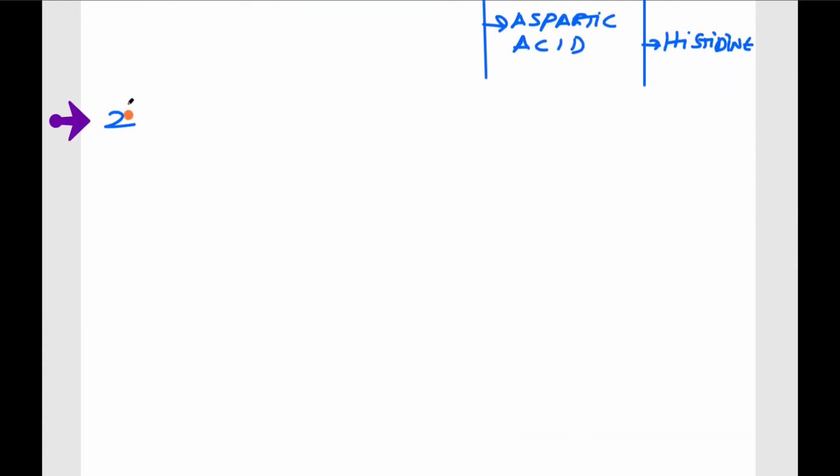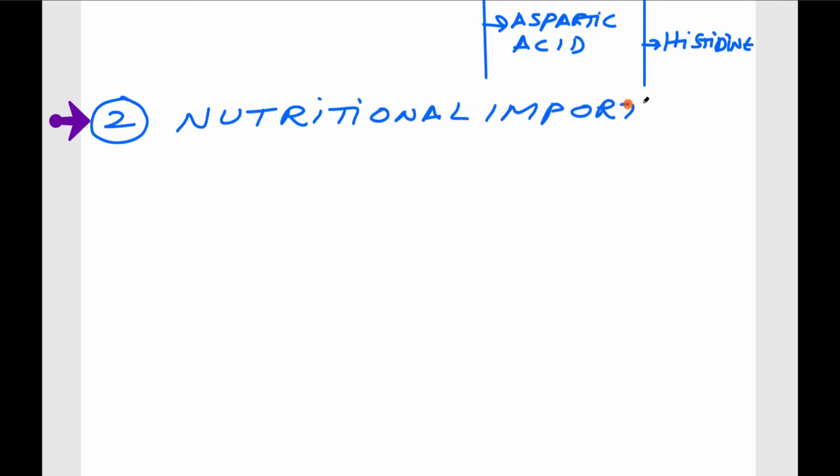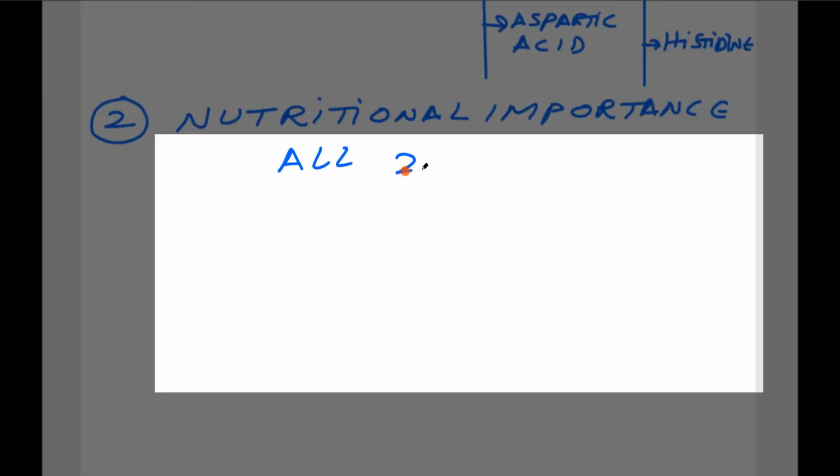The second objective is classification based on nutritional importance. So we call it here essential and non-essential. One thing must be clear to you: all 20 amino acids are essential. What does it mean?